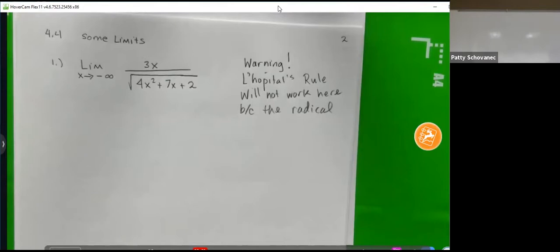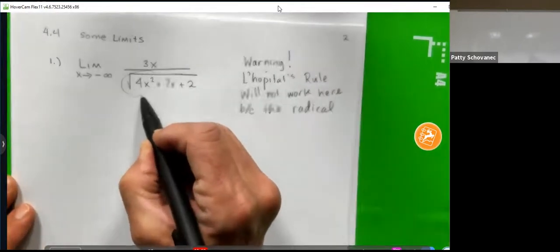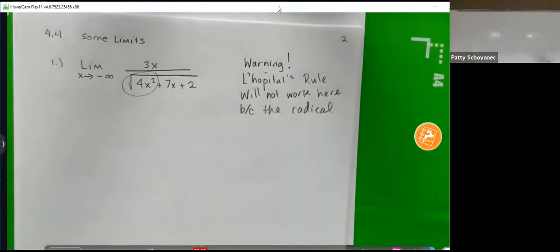We want to get this by looking at the ratio of the degrees. Is this fraction top heavy, bottom heavy, or essentially the same power? They're about the same, right? The highest power of x in both the numerator and denominator, once the square root sign is accounted for, is going to be x to the first power. So we should get the ratio of the coefficients, except x is going to minus infinity.